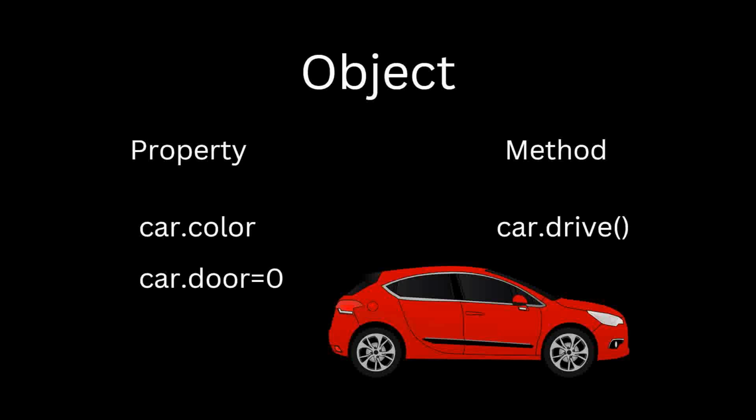Whereas the method is what the car can do. So if I write car.drive, then parentheses, the car will start driving itself. The wheels will move and the car will change its position. If you are still not clear about property and method, don't you worry about it.